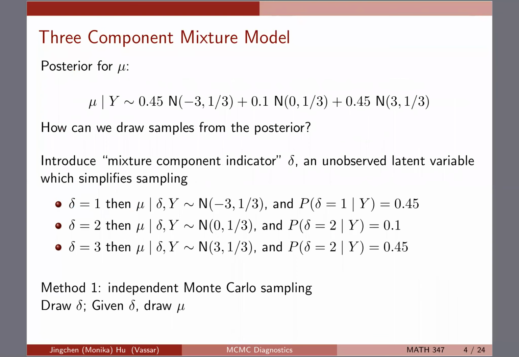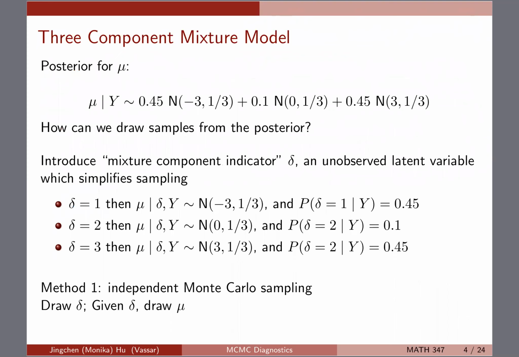The particular example that I'm using for today is actually from the textbook. It's thinking about a 3-component mixture model. We're not talking about the model itself; this is just what's given to you. This is the posterior. It's a mixture, 3 different normals combined together.